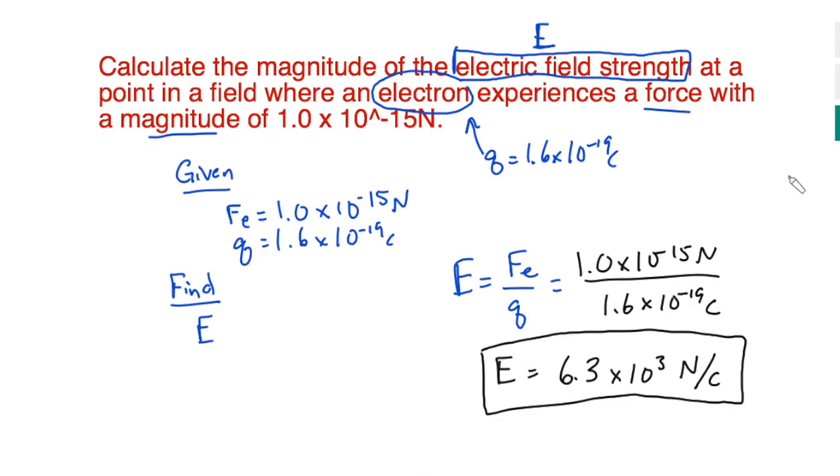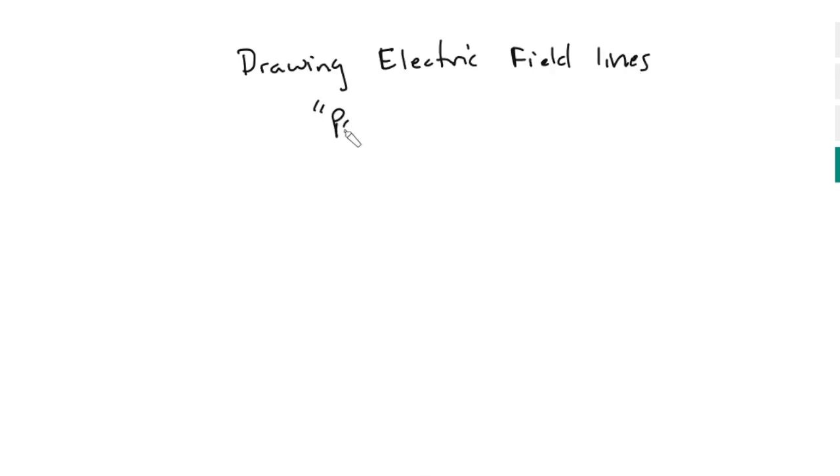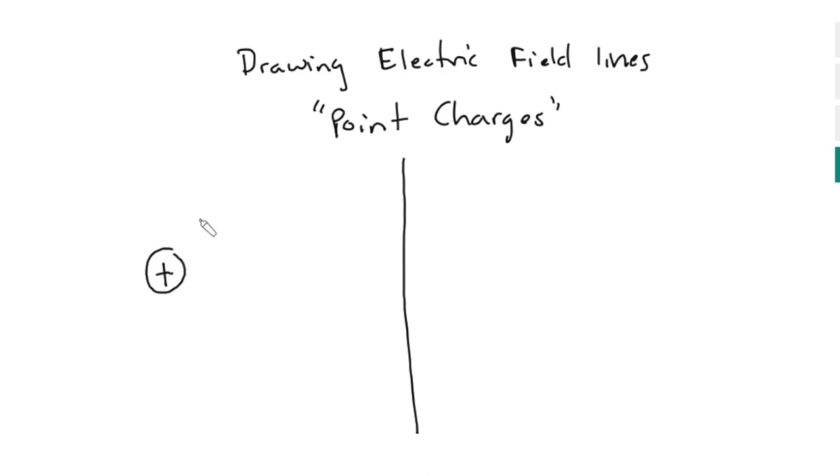Where things can get a little bit more confusing is drawing electric field lines. All right, and this is going to happen first amongst point charges. So what a point charge means, I just have one charge right here. On this side, example 1, we'll say that we have some proton here. And example 2, we'll put a minus sign here.